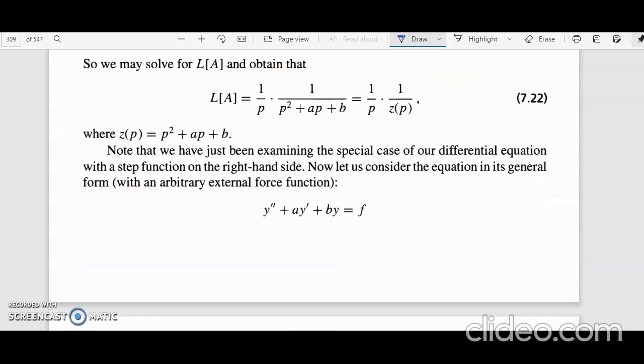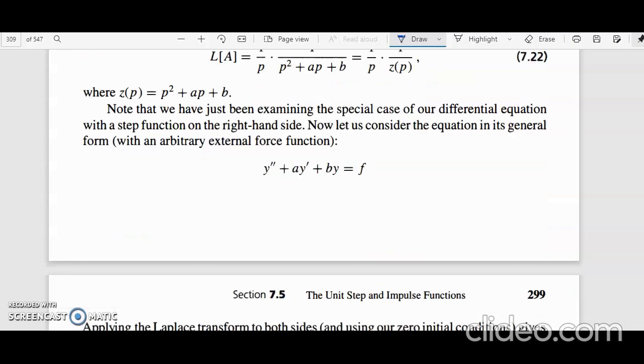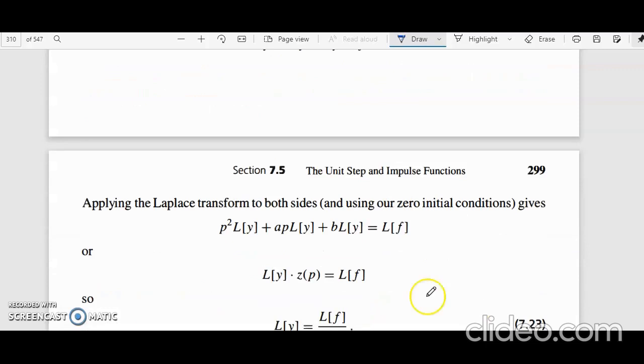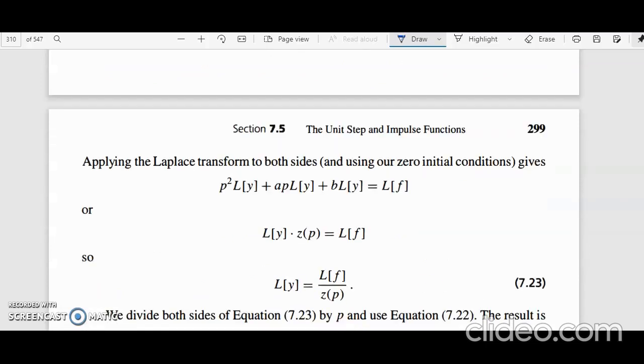Now when we take the general formula, again when you take the Laplace transform, what you are going to get is L of y into z of p equal to L of f.